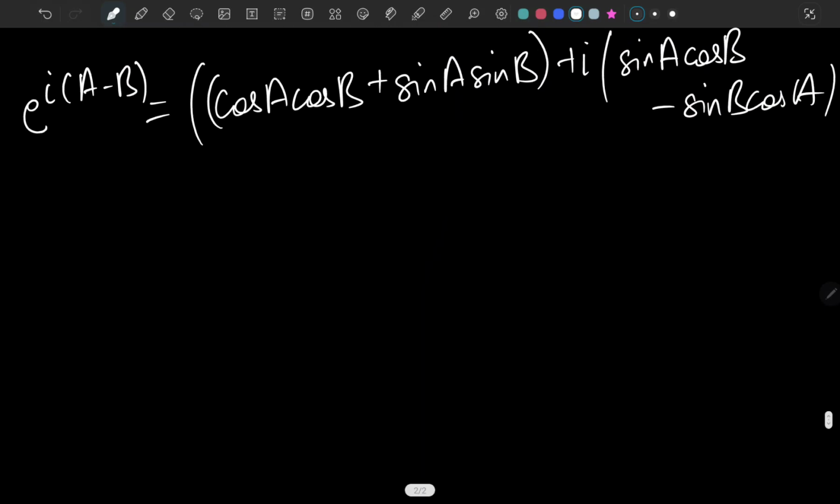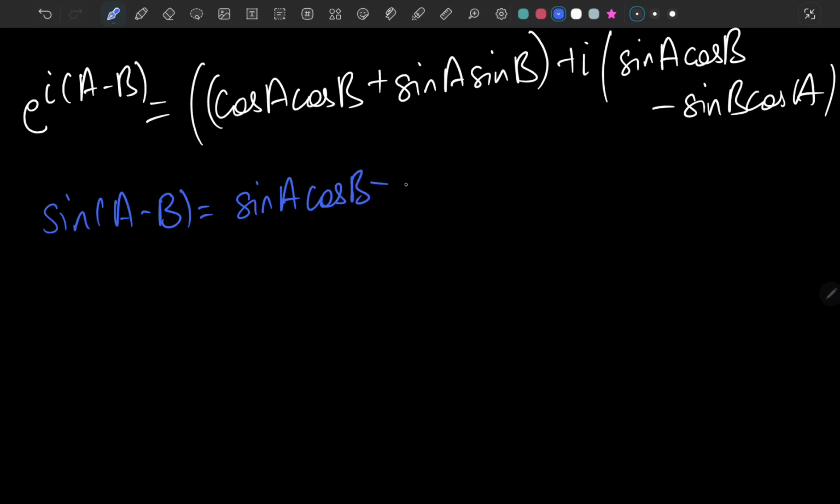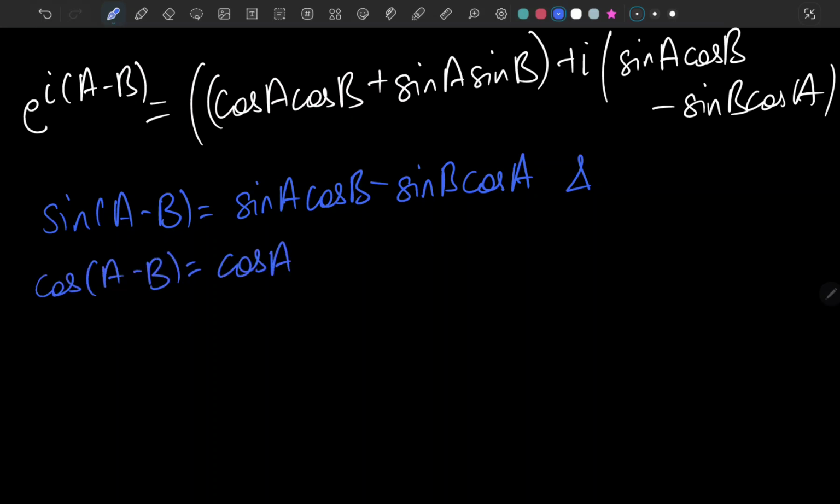Now you can compare it: sine of a minus b comes out to be sine of a cosine of b minus sine of b cosine of a, and cosine of a minus b gives us cosine of a cosine of b plus sine of a sine of b.